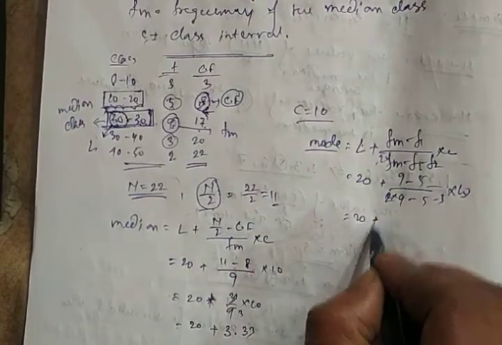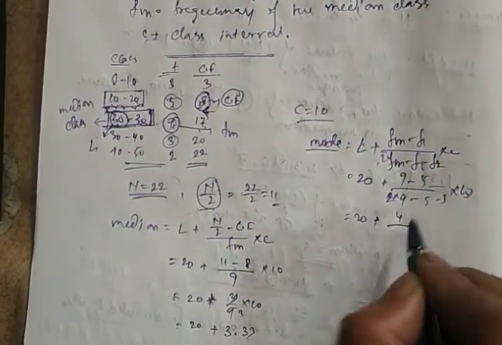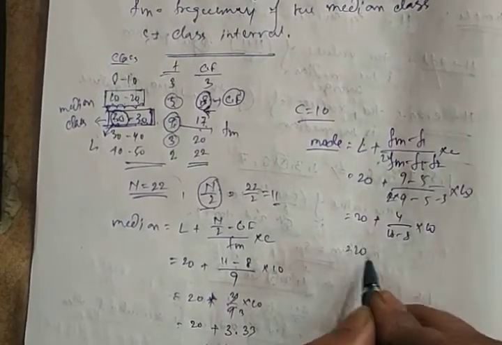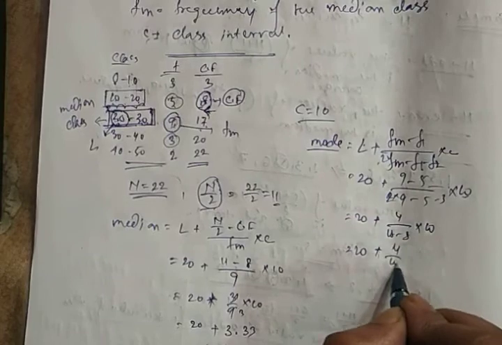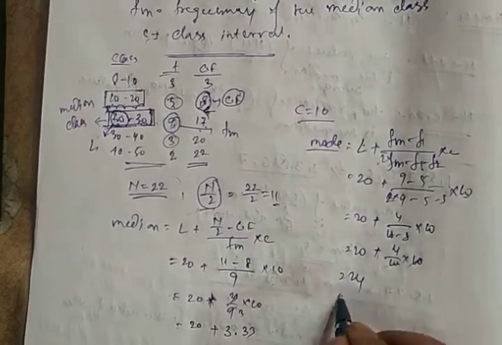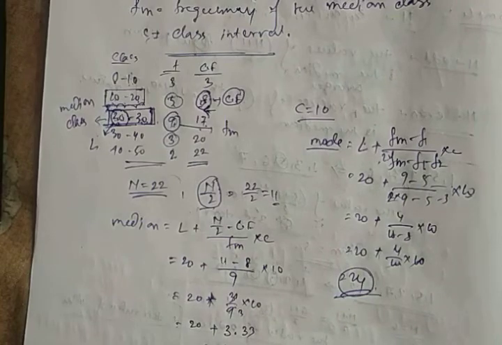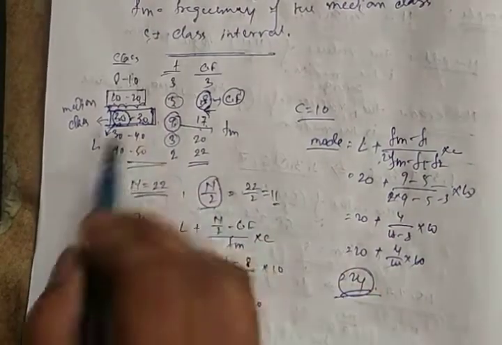So 20 plus (9 minus 5, which is 4) divided by (18 minus 8), into 10. So 20 plus 4 by 10 into 10, which is 24. So 24 is the mode of this distribution.